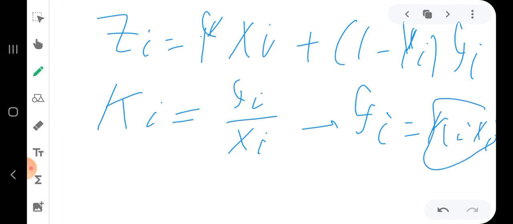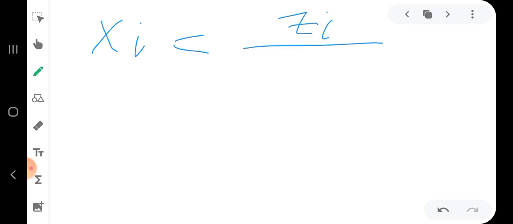Let's put this here, and then rearrange the equation and put xi on one side. We will get that xi is equal to zi over 1 plus psi, the liquid fraction, multiplied by the distribution coefficient minus 1.